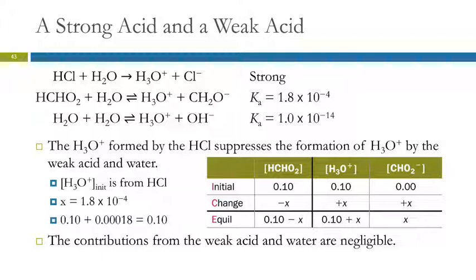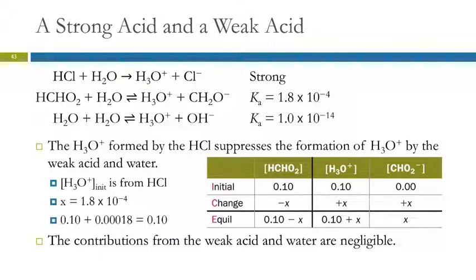So we can set this up as an ice table looking at the contribution of the weak acid. And so here's our weak acid, and it's going to ionize and form these ions. Here our initial is 0.1 for the weak acid. Now, instead of saying that the hydronium ion initial concentration is 0, or approximately 0, we're going to say it's 0.1. Why? Because we had 0.1 molar HCl. 0.1 molar HCl makes 0.1 molar hydronium ion.